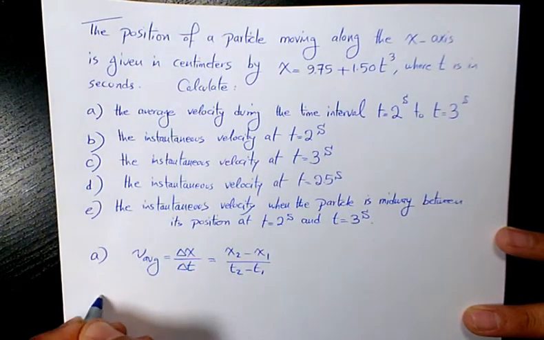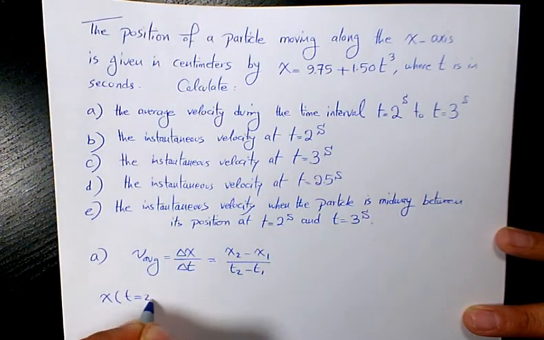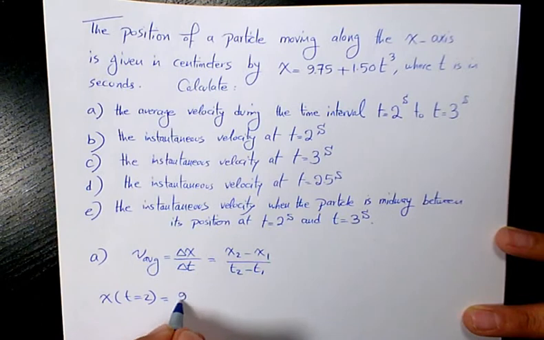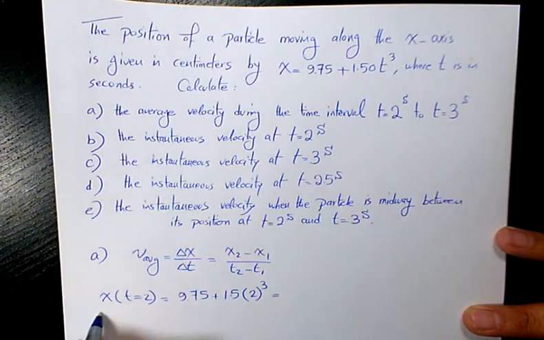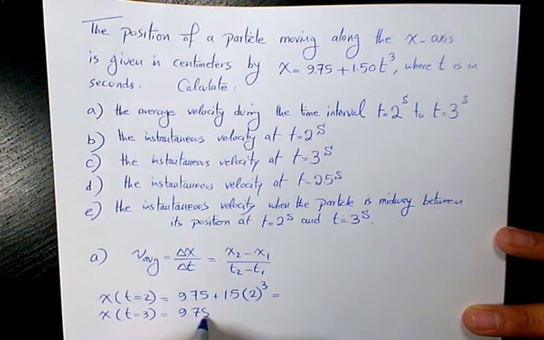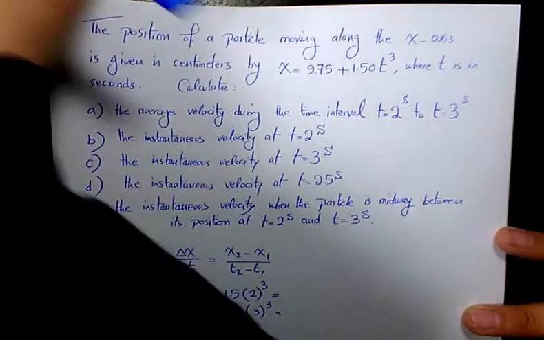We need to find delta x, which is x2 minus x1, divided by t2 minus t1. So x at t equals 2 is 9.75 plus 1.5 times 2 to the power of 3, and x at t equals 3 is 9.75 plus 1.5 times 3 to the power of 3.